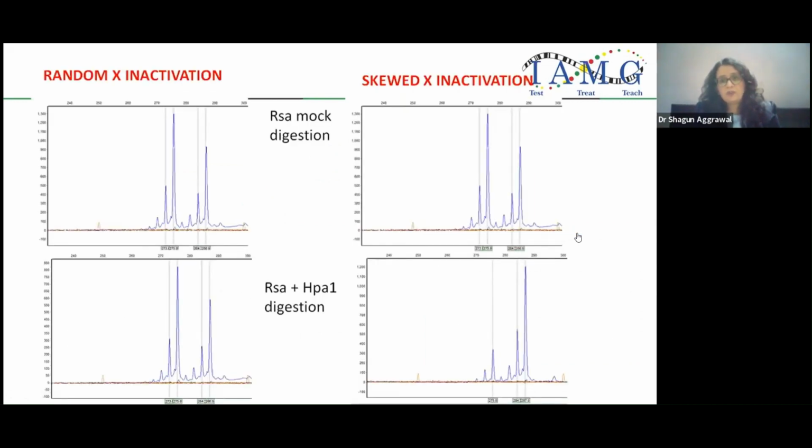For looking for skewed X inactivation, we have to do a specific assay. This is a particular assay which we have done in our lab. Here we use a methylation-specific restriction enzyme.